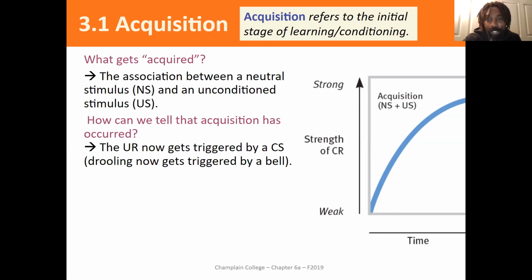As time increases, you'll notice that the strength of the conditioned response goes up. So in acquisition, the neutral stimulus and the unconditioned stimulus are paired together, and then over time of that pairing, the conditioned response, which will be elicited now by the neutral stimulus, increases.